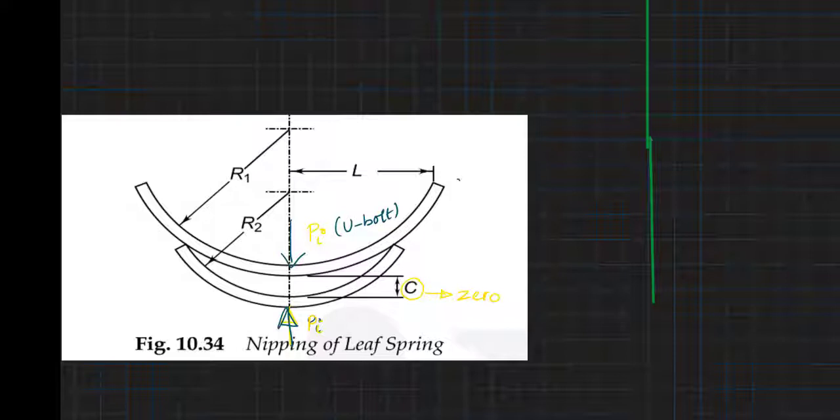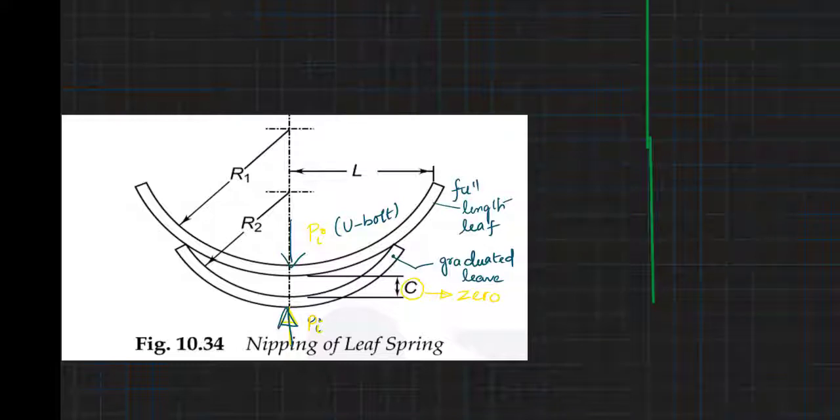So suppose let us say this is a full length leaf here, and this one is a graduated leaf. Now you can see initially there is a gap between these two leaves, and once we apply the initial preload, the gap will become zero.